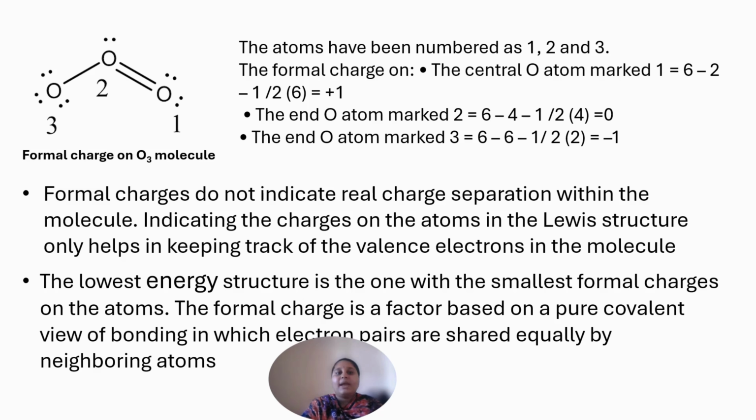The expanded octet. In the third period of the periodic table, apart from 3s and 3p orbitals, 3d orbitals are also available for bonding. In a number of compounds of these elements, there are more than 8 valence electrons around the central atom.